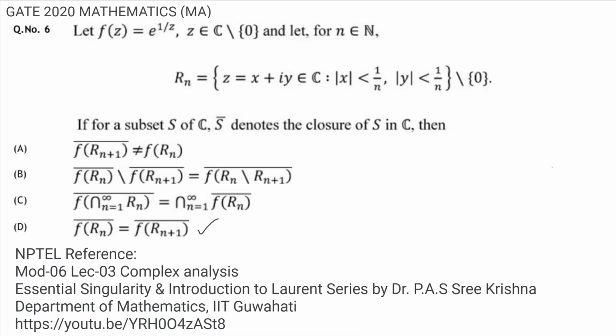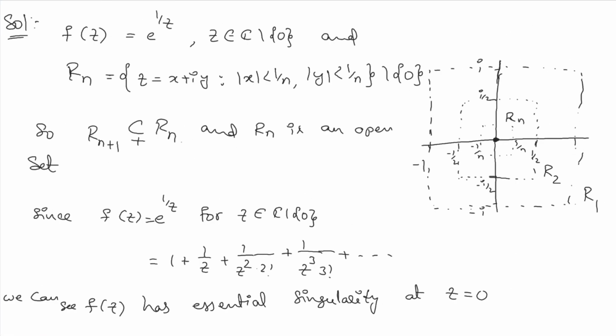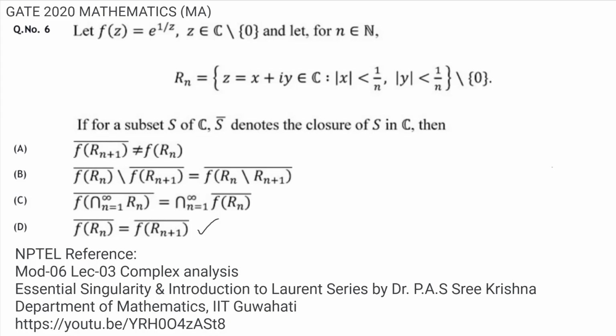Coming to option C, we have the intersection for n equal to 1 to infinity of Rn. That is nothing but the empty set, from this map we can observe that. Under the function f, the empty set maps to the empty set, so its closure is also the empty set.